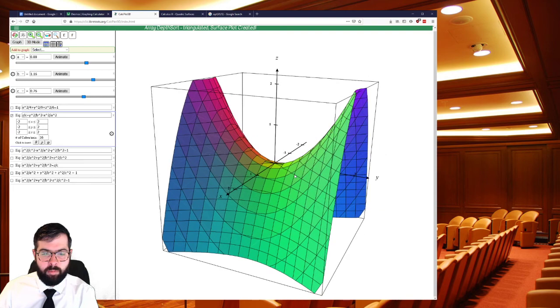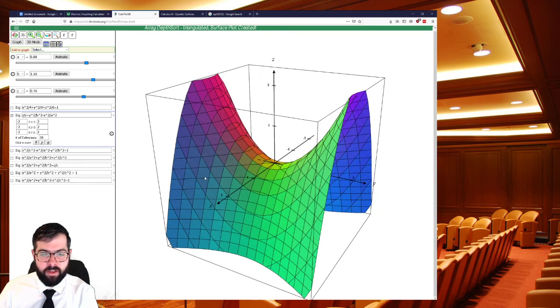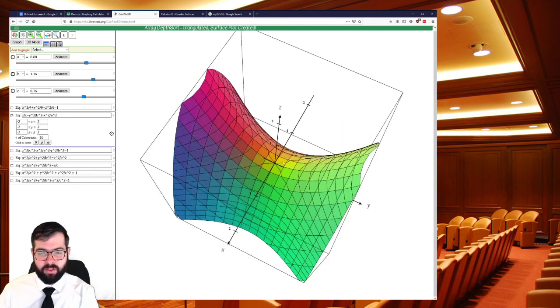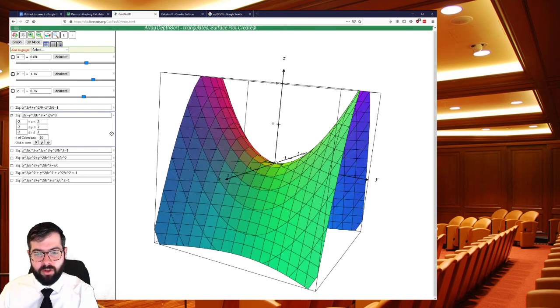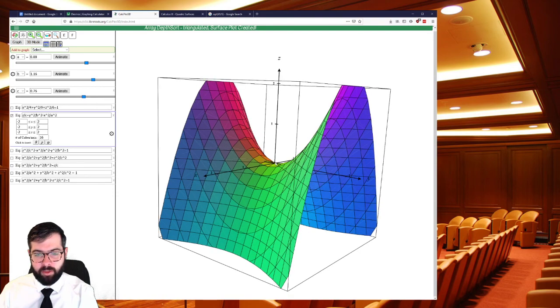Okay, so you see a little bit better what's happening here, and you can see the cross sections, the downward facing parabolas in the xz planes, right, and the traces of y equals k. When x equals k, we have upward facing parabolas. And when z equals k, if you look top down, you can see these traces of the hyperbolas, right? And then at the origin, that point where we didn't get anything, it's crossing through the origin. So at the origin, we have what's called the saddle point.